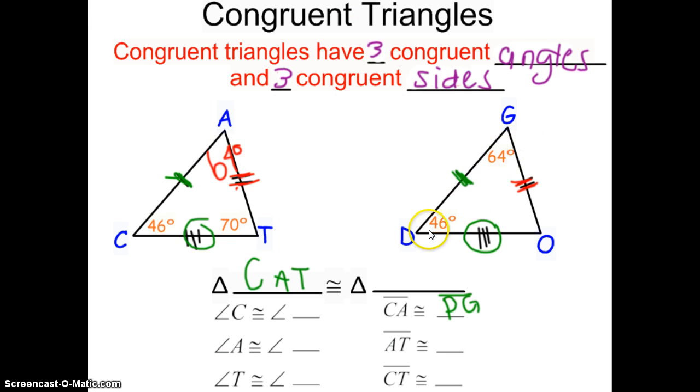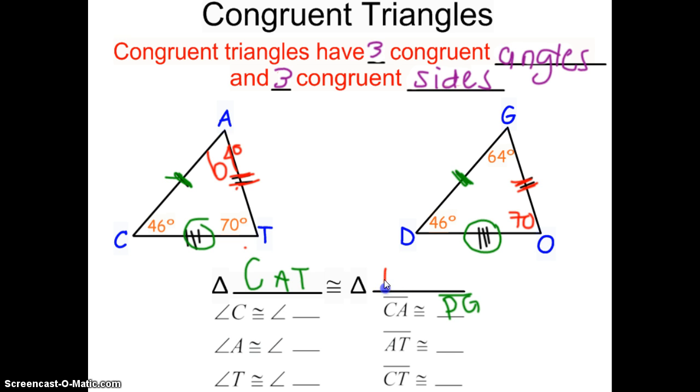If I look at this triangle, here I have 46 degrees, 64. What's left over is 70 degrees. So now I know that angle C is congruent to angle D, angle A is congruent to angle G, and angle T is congruent to angle O. So now I can write my triangle.